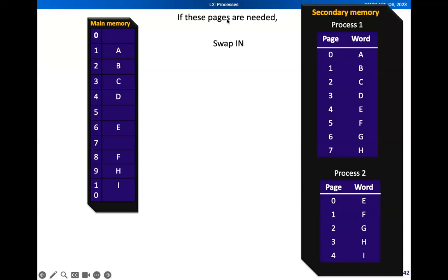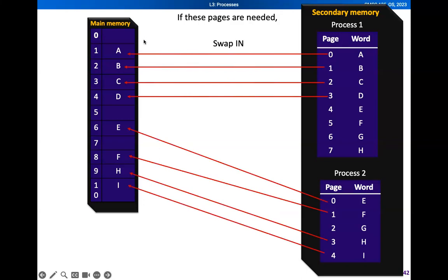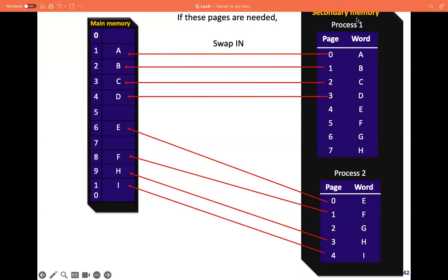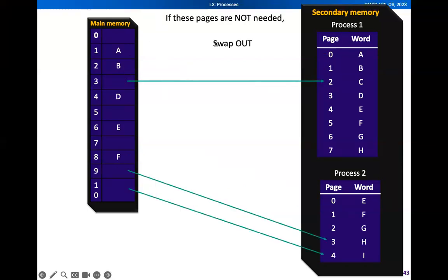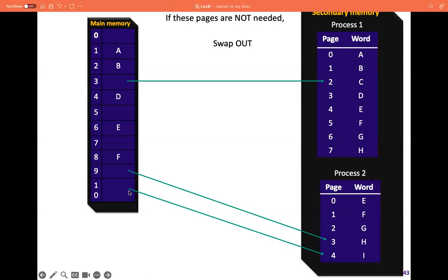In case we need these pages, let's say A, B, C, and D from process 1 and E, F, H, and I from process 2, we swap them in from the secondary memory to the main memory. But let's say that some pages are no longer required, initially the C, the H, and the I. We no longer need these pages, so we swap them out of the main memory and put them back into the secondary memory.